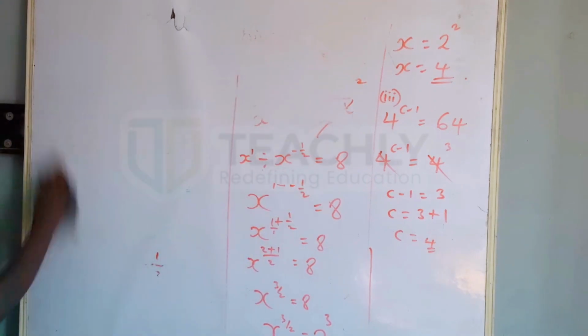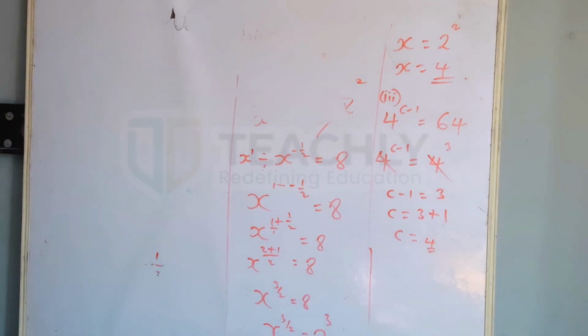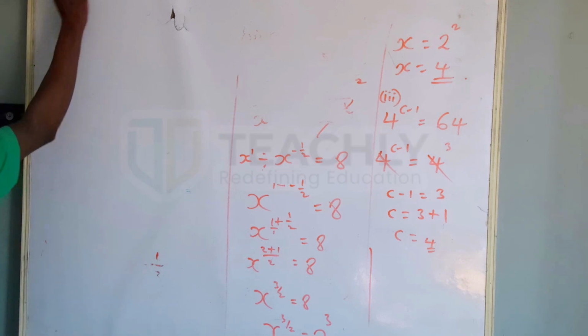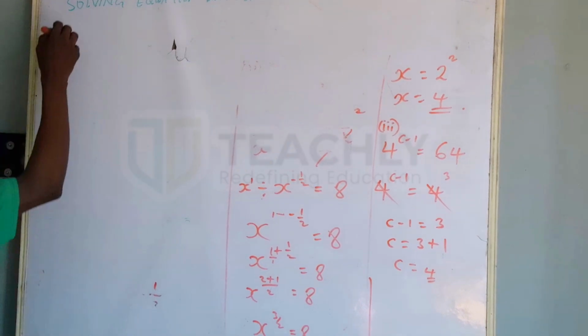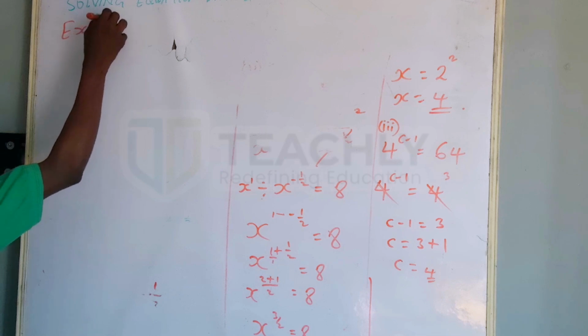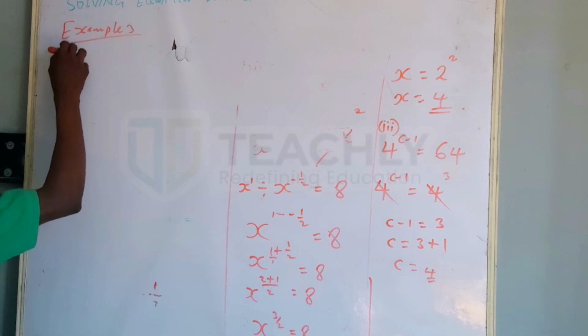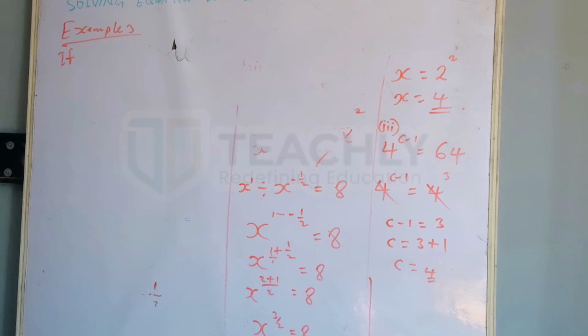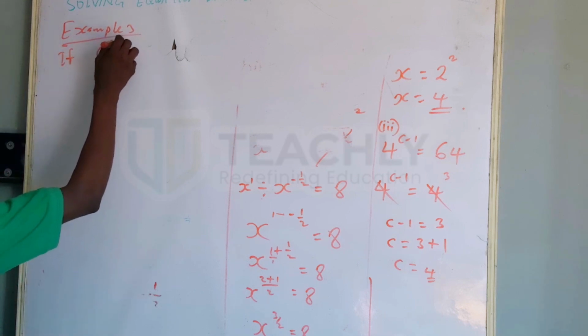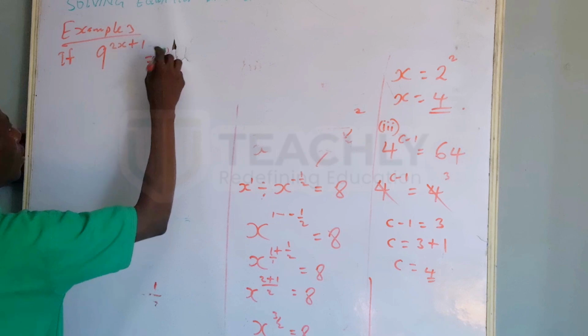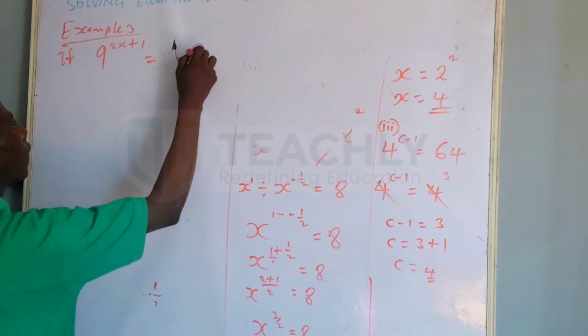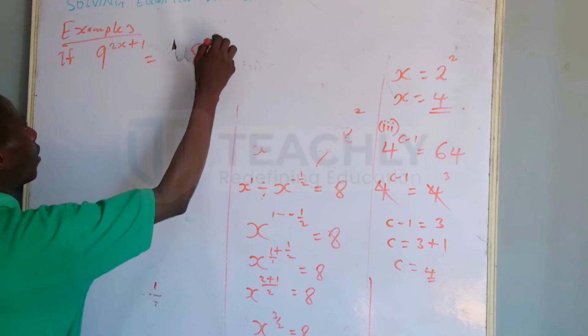So if you look at this example, this is a WAEC past question. It says: solve. Another example: if 9 raised to power 2x plus 1 equals 81 raised to power x minus 2.